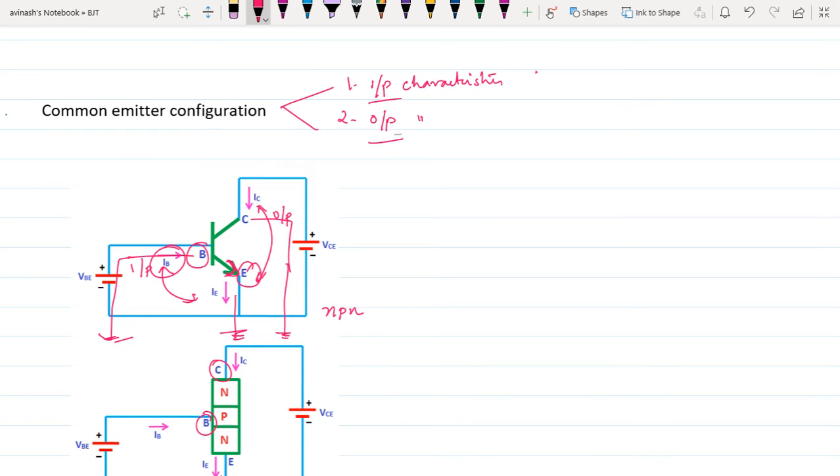Input is plotted between IB and what is the voltage we have here? VBE.